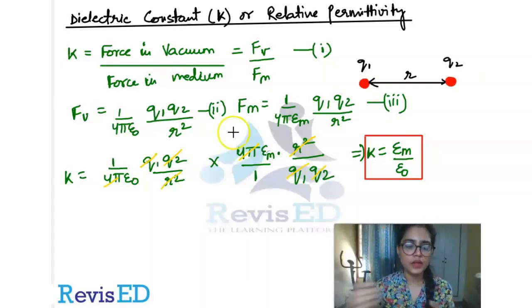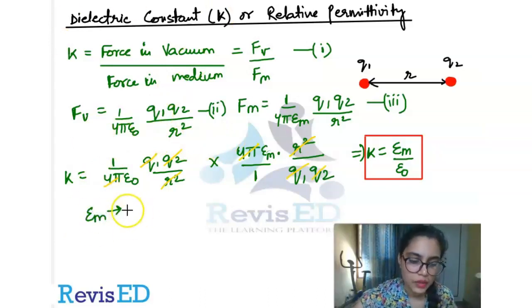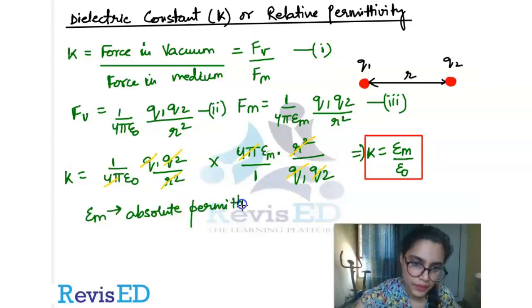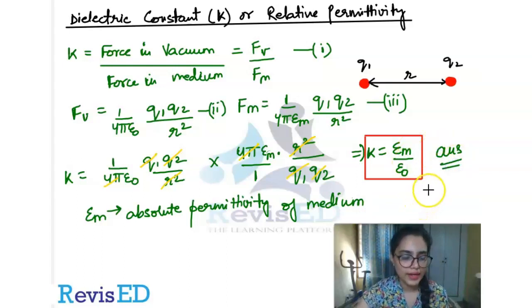Epsilon M over here is known as the absolute permittivity of the medium. So this is a very important relation, the key relation that we were finding out.